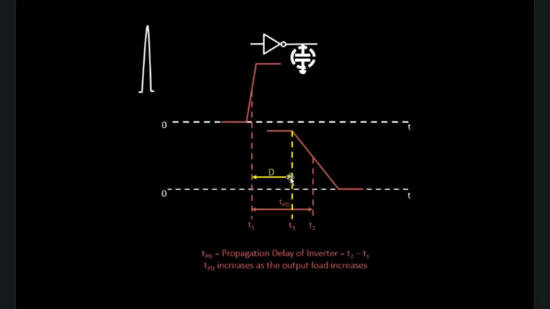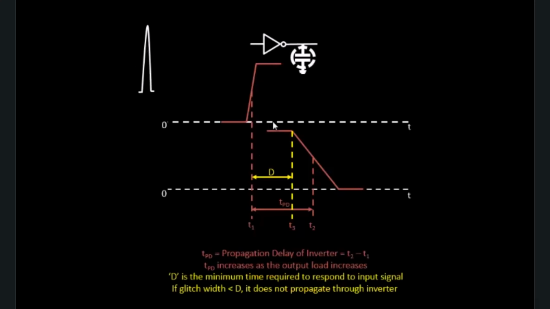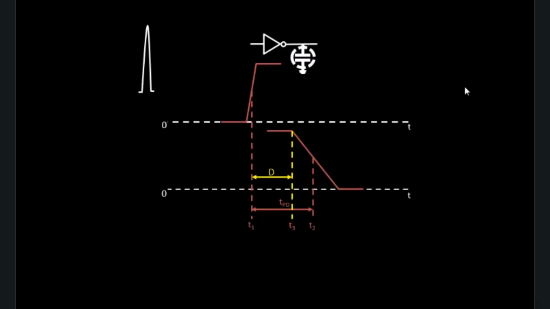Which means the glitch width that we're talking about should be at least D, so that it could be identified as a glitch on the next stage. So let's look into what happens when we use this as an input. What we say is, if the glitch width is less than D, it does not propagate through the inverter. Let's try to look diagrammatically into this particular behavior.